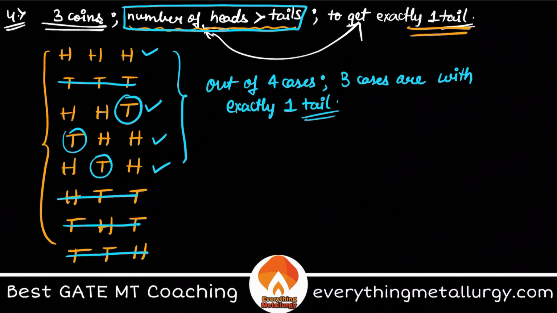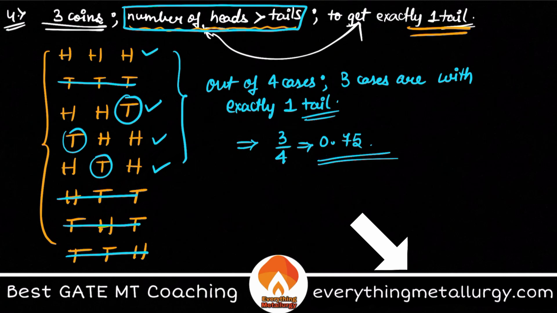So the probability is 3 by 4, or 0.75. This is a very easy question and a tricky question. Usually people overlook this condition and just write 3 by 8 or something, which is wrong. So this is the way to go about this question.